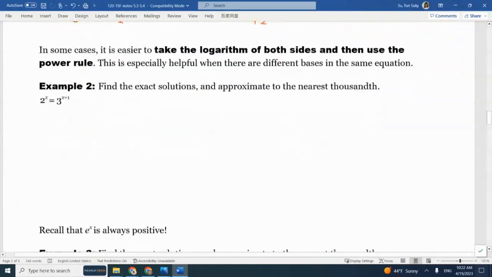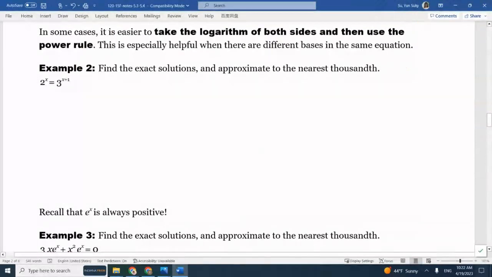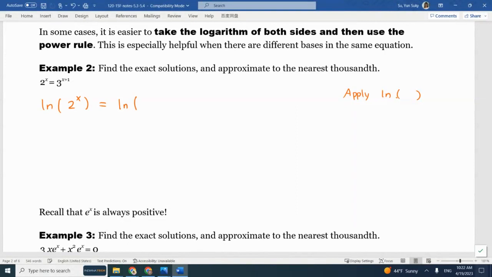So in this case, you also apply ln, even though you have a different base. So when you apply ln, you get ln of 2 to the x equals ln of 3 to the x plus 1.